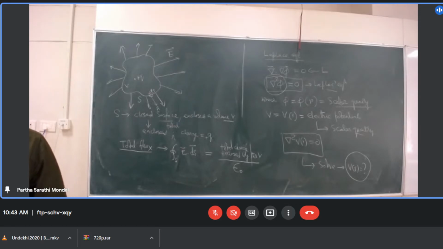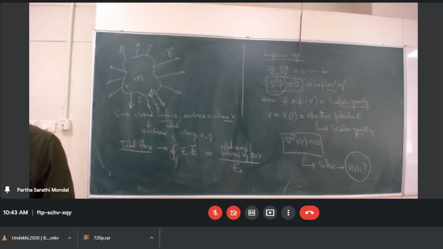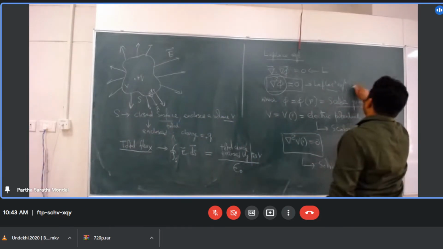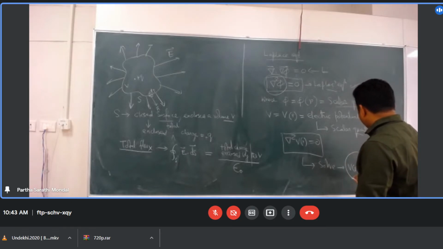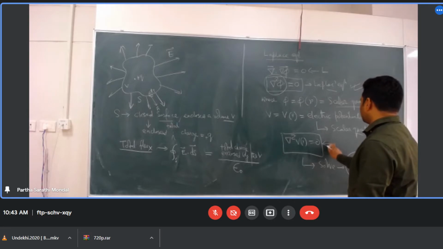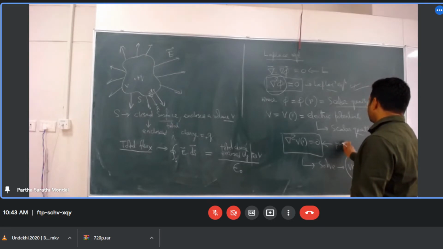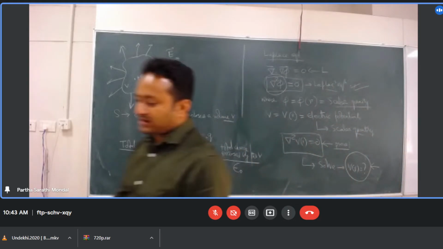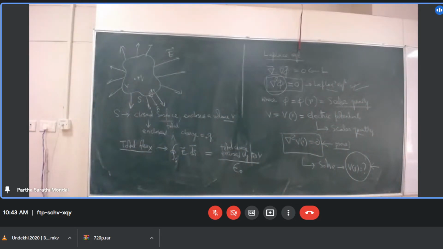Gradient of a scalar equal to 0. So it is already proved for general purpose, but we can also prove it for the electric field. Let's do it, how the Laplace law works in the case of electrostatics.